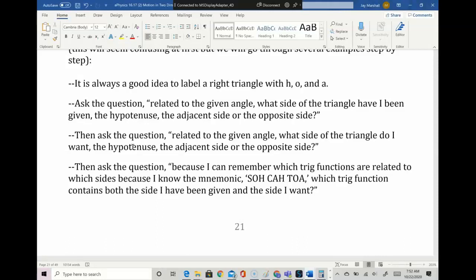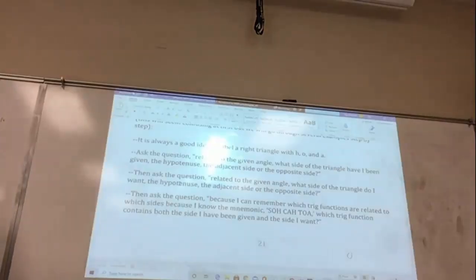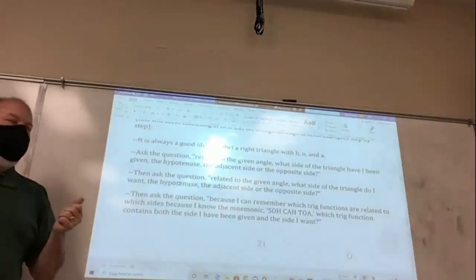Okay, so if you're given the hypotenuse and you want to find the adjacent side, adjacent and hypotenuse, you automatically know you need to use the cosine to solve the problem. Okay, if you're given the adjacent side and you want the opposite side, you automatically know you need to use the tangent to solve the problem.